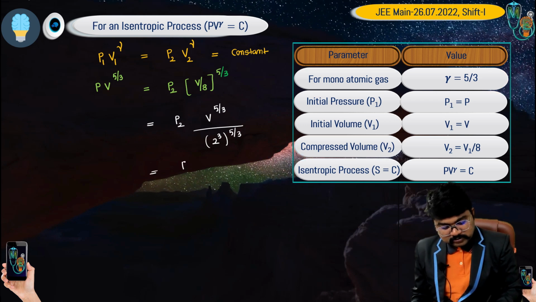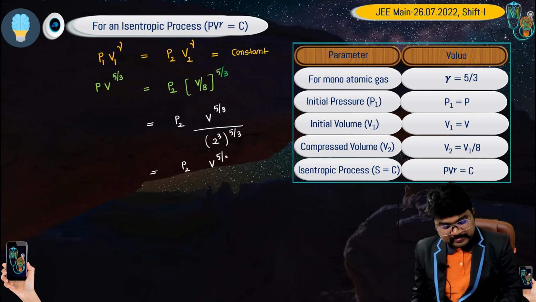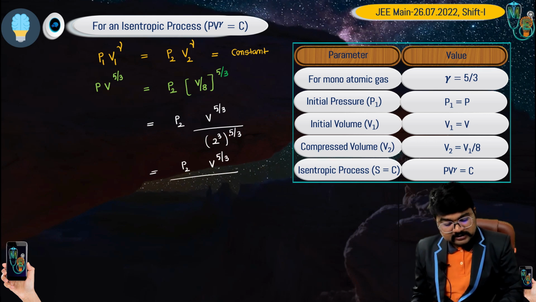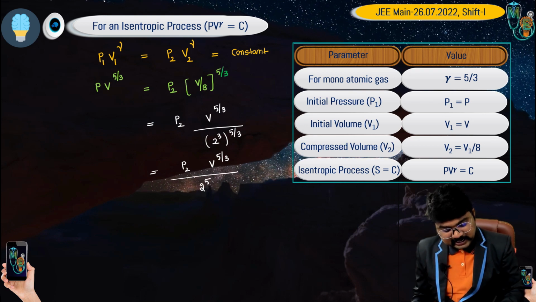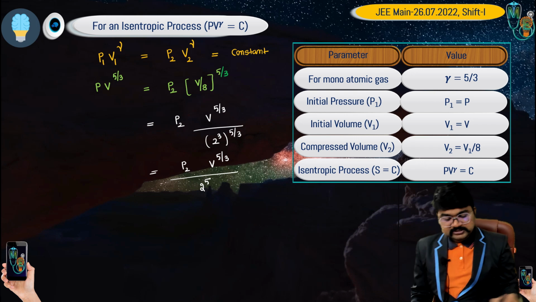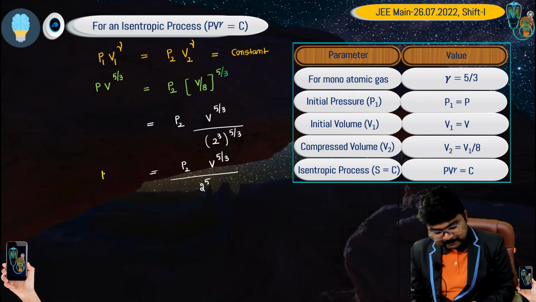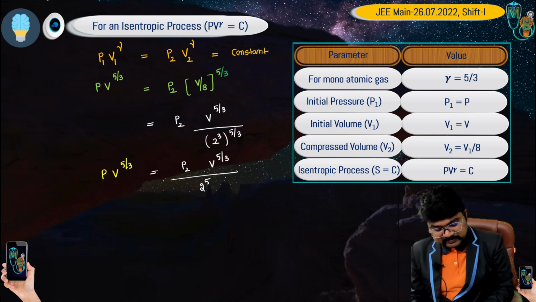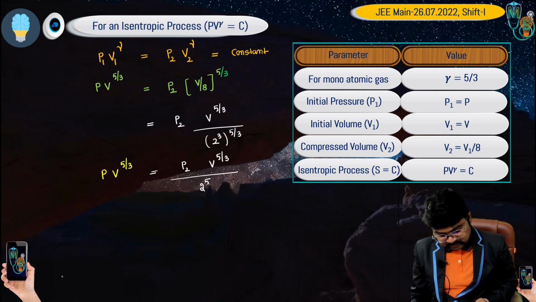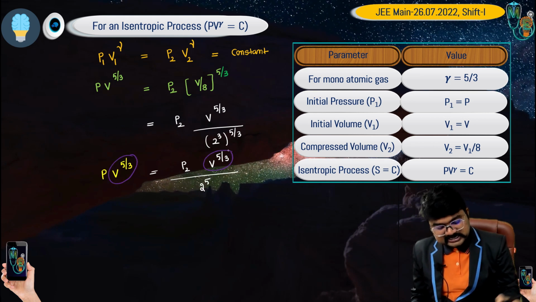Equal to P2 V power 5 by 3, the 3 gets cancelled out, and we get 2 power 5. So here it is equivalent to PV power 5 by 3, and V power 5 by 3 and V power 5 by 3 get cancelled out.